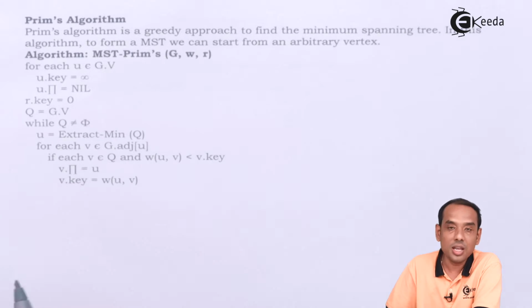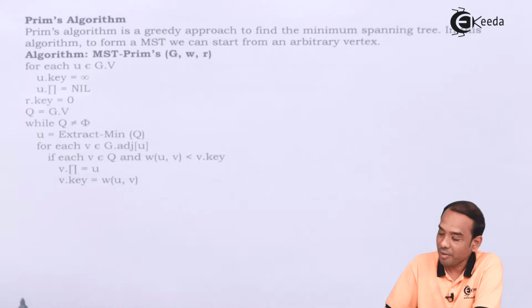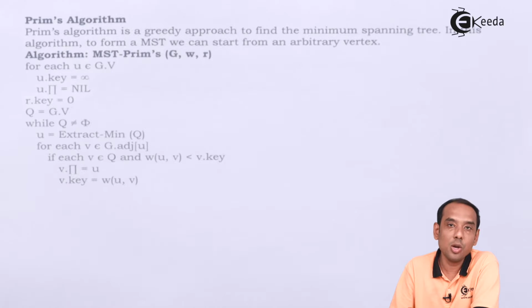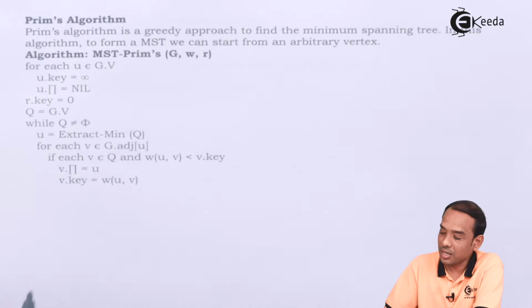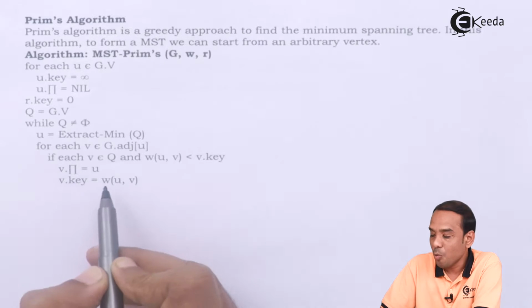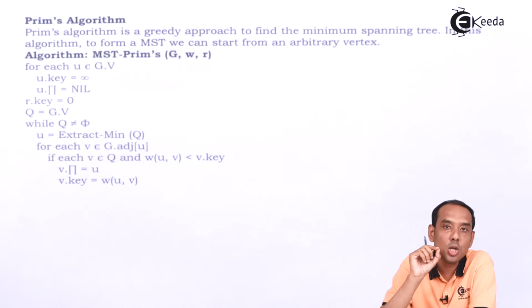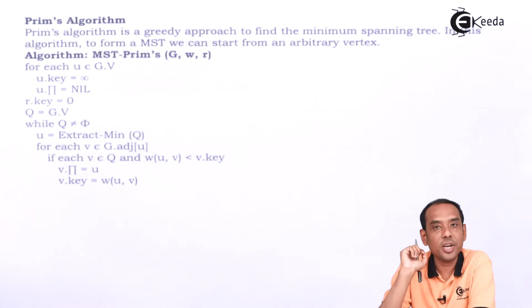If it is less, then we go with the condition. We have V.π equal to U. So the vertex under consideration, that U value, is transferred to V. Then comes the last step, V.key will be weight of (U, V). So the weight between U and V is transferred to V.key.